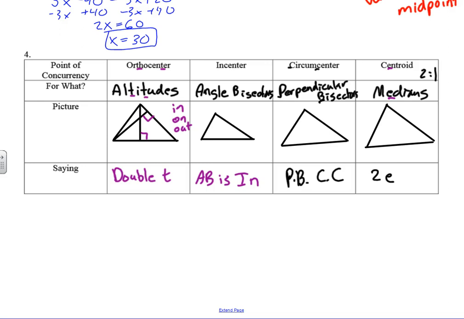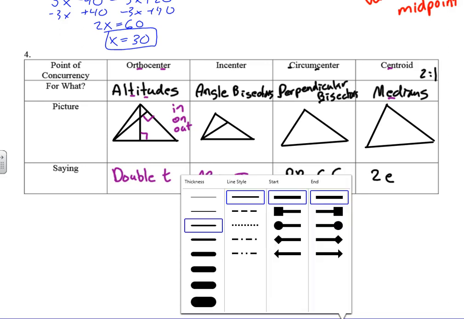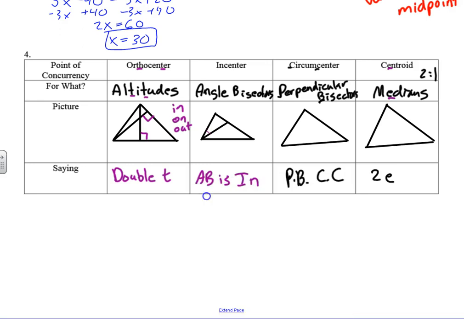The incenter is going to be the intersection of the angle bisectors. So you're looking for some tick marks that tell us that those angles are congruent. And over here we would again see some tick marks telling us there.